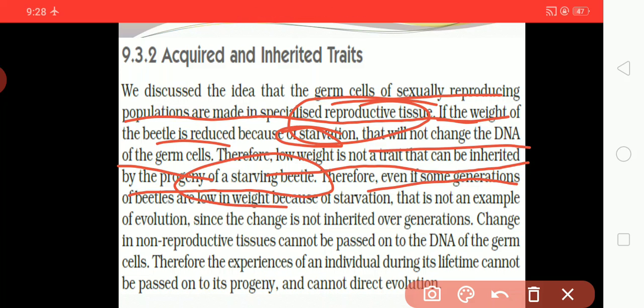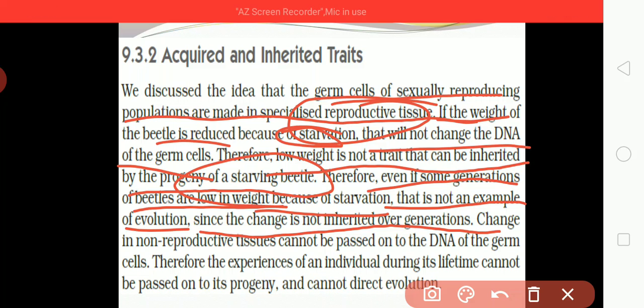Therefore, even if some generations of beetles are low in weight because of starvation, there is no inheritance that can be seen. That is not an example of evolution, since evolution is a change that is inherited over generations. A change in non-reproductive tissue cannot be passed on to the DNA of a germ cell.